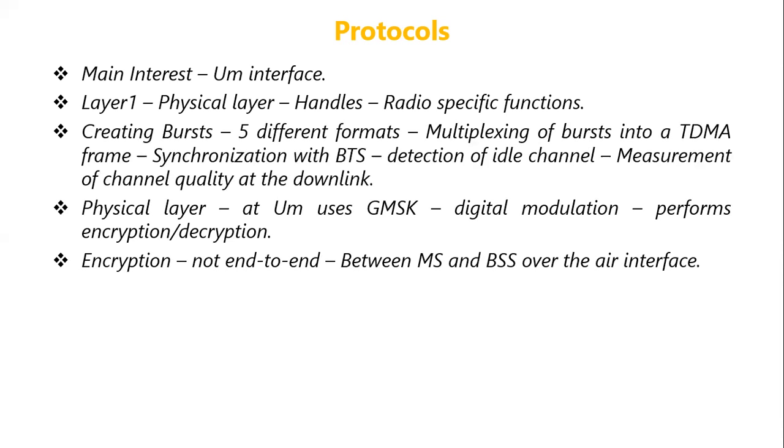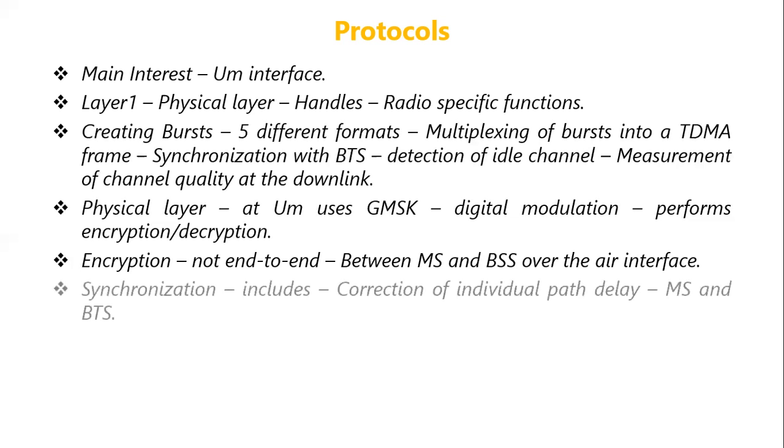One of the problems is the different round trip time, depending on whether a mobile station is close to a BTS or not. If the MS is close to the BTS, it will have a short round trip time.